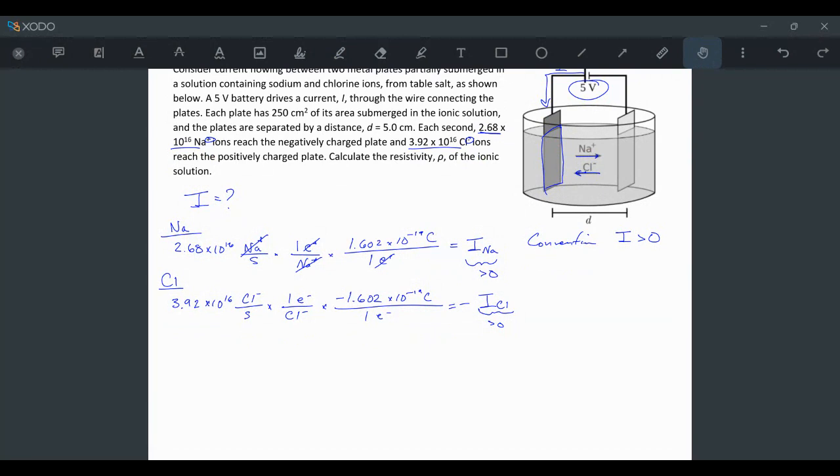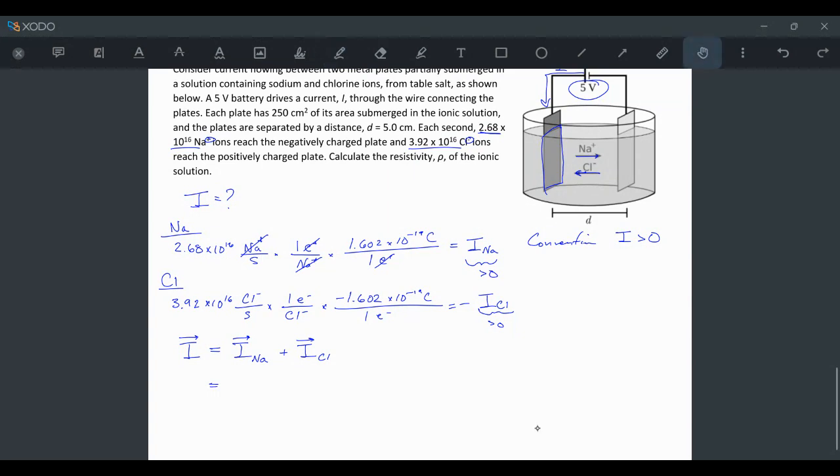This is kind of unique to ionic currents. Normally, like I said, we're familiar with electrons and solids and stuff like that carrying the current. So we want to be able to add these together and figure out what the net current is. So what I'm going to introduce is the idea of a current vector. This I is our total current. It's equal to the vector current carried by the sodium plus the vector current carried by the chlorides.